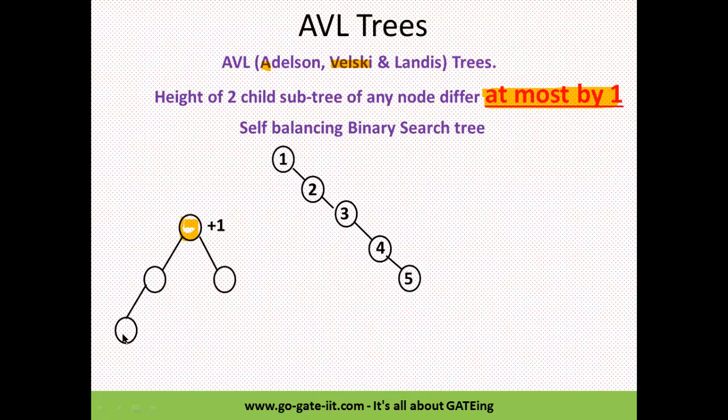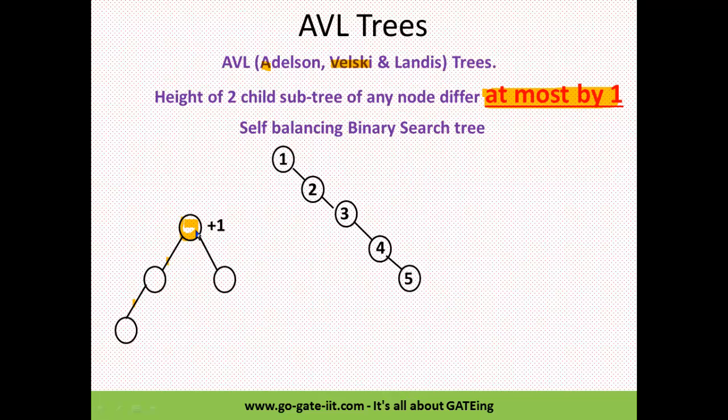You can see to reach this node, it has 1 and 2 edges. So the height on the left-hand side is 2. Similarly on the right-hand side the height is 1. So the heights of the two child subtrees differ by at most 1. That means 2 minus 1 gives you 1 for this specific node.